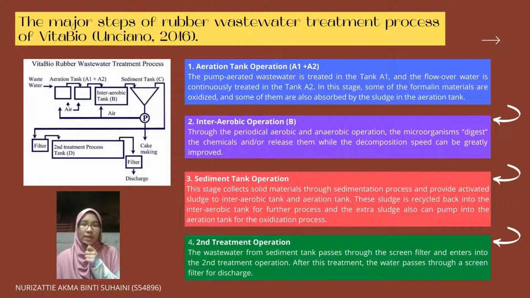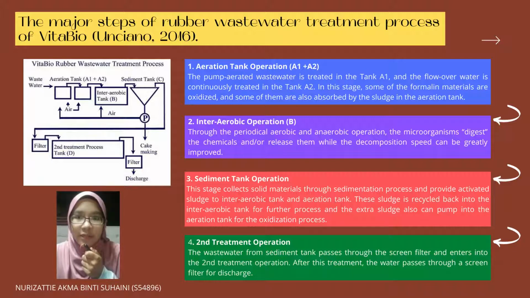The third stage is to collect solid materials through the sedimentation process and provide activated sludge to the inter-aerobic tank and aeration tank. This sludge is recycled back into the inter-aerobic tank for further processing, and the extra sludge is pumped into the aeration tank for the oxidization process.